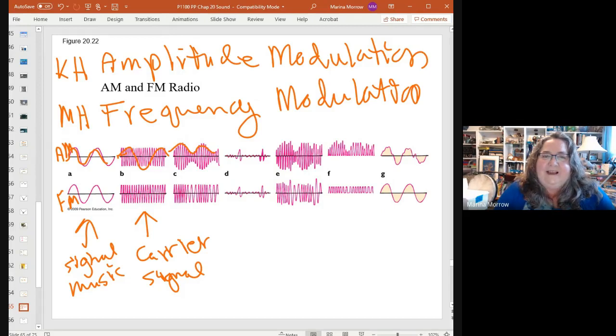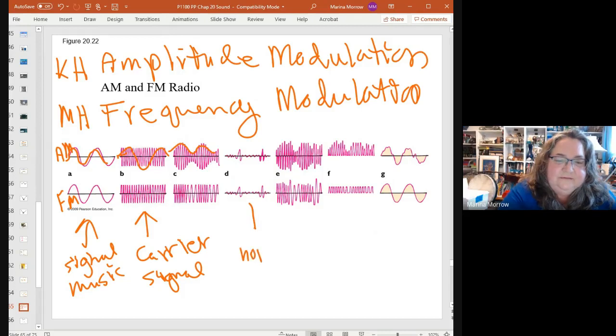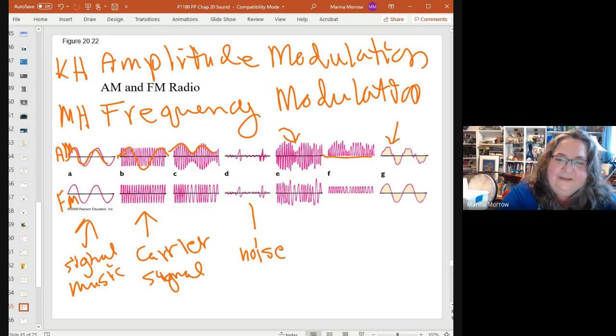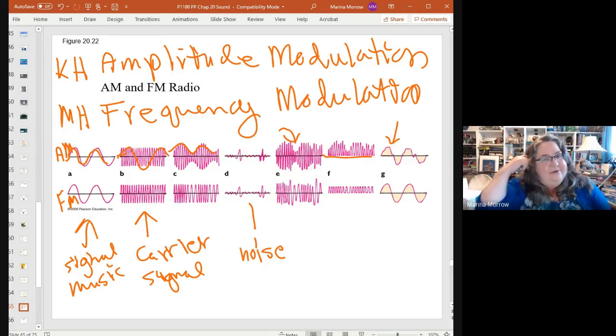And the thing is, that goes out into the world, and then there is noise. And that noise adds into your signal. So now it looks like this. And when it gets to your radio, the radio cuts part of it off. And then it tries to detect what the original one was. But you can see here now, the noise is in there. They weren't able to get rid of the noise.